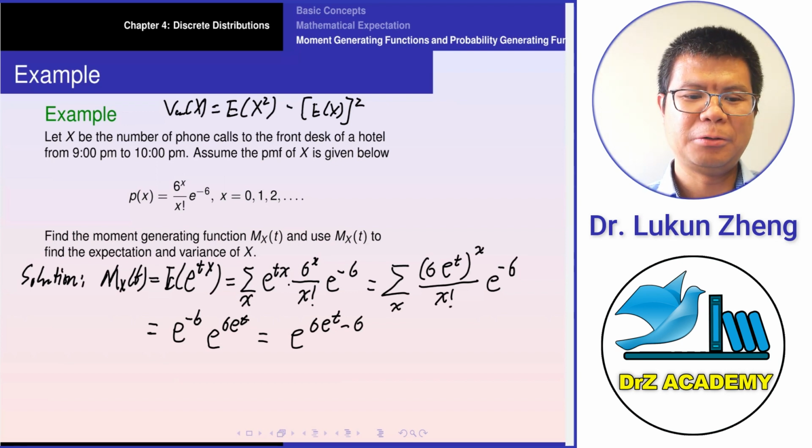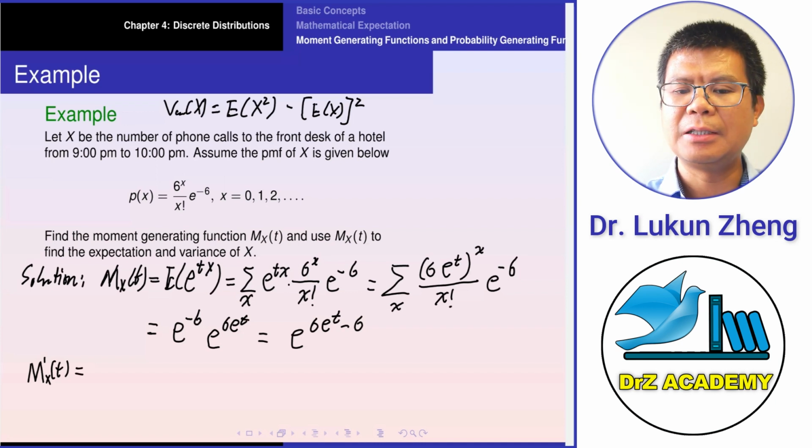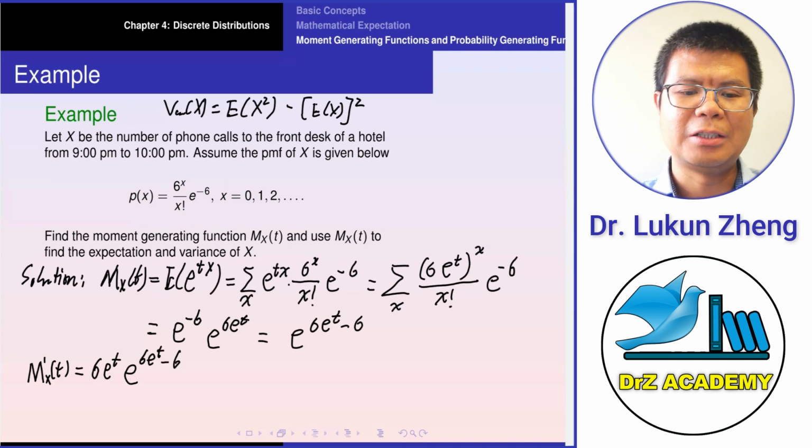In order to do that, we need to figure out the first derivative with respect to t, which equals 6 e to the power t times e to the power 6 e to the power t minus 6. That's the first moment.